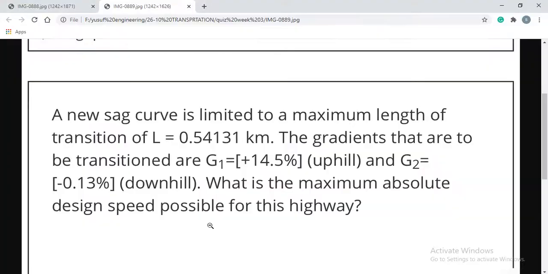Now in this new sag curve, limited to a maximum length of transition of L, 0.54131 kilometer, we can solve this question.